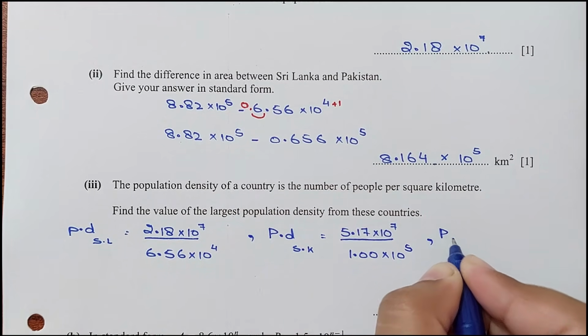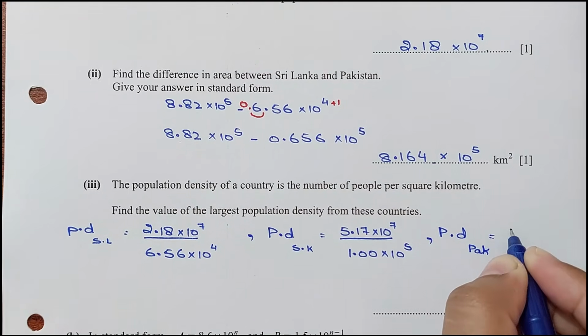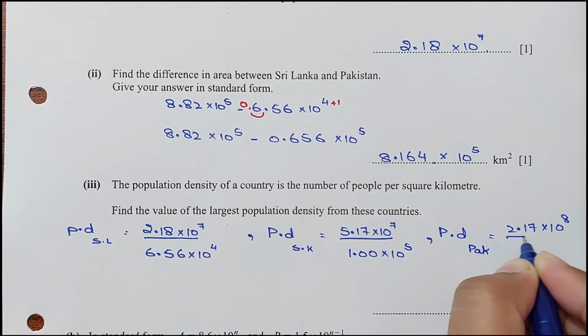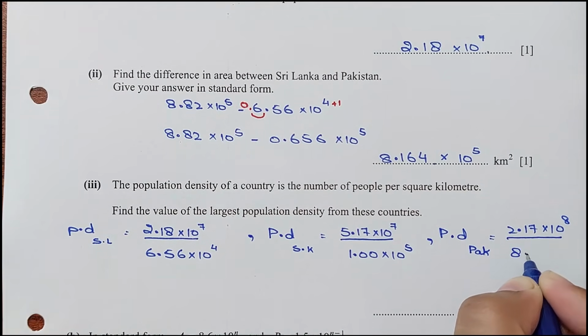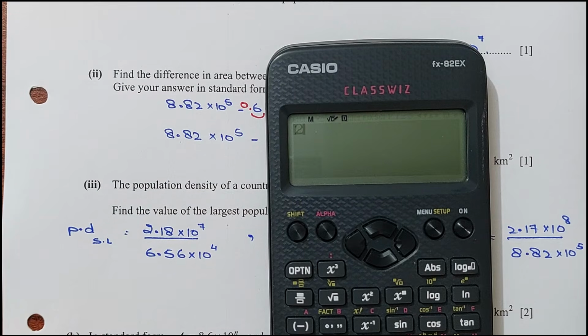The next population density is of Pakistan, which is 2.17 times 10 to the power 8 over 8.82 times 10 to the power 5. All right, let me simplify this. 2.18 divided by 6.56.